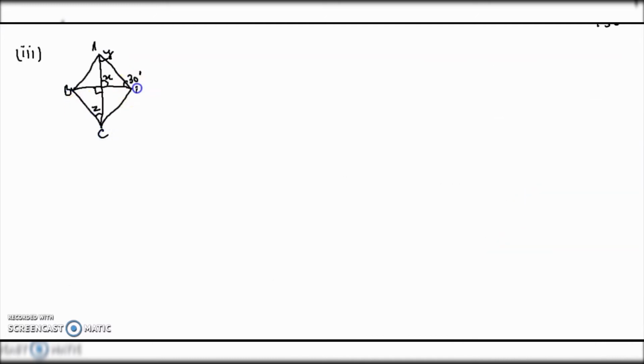ABCD. This point of intersection I'll mark as O. So angle BOC is 90 and angle AOD will also be equal to 90, since these two are vertically opposite angles. Angle BOC, this is 90 degrees, already given to us.